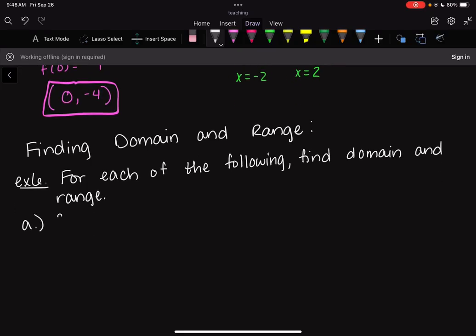I've got A. We're going to do one that's just a set of points. B, I have one that's a graph. I'm going to graph it with another color so you can see better.